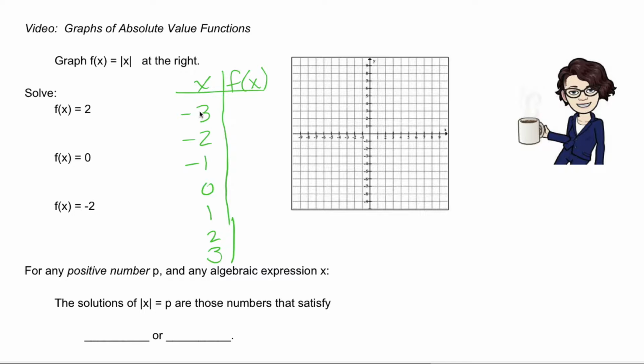So if I'm looking at f of -3, the absolute value of -3 is +3. So -3, +3, that point. And -2, the absolute value of -2 is +2. So an input of -2 has an output of +2, and so on and so forth down that table.